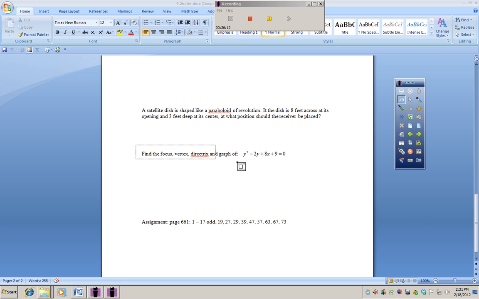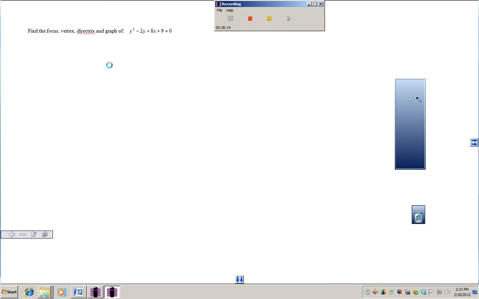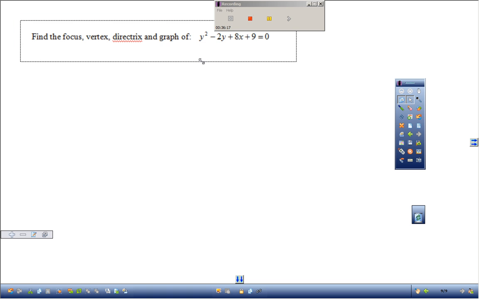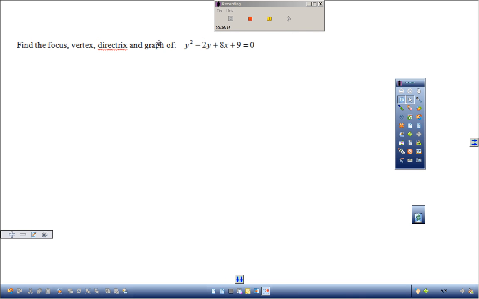Alright, so I'm going to grab this, I'm going to come up here, and I am going to complete the square. This time let's bring everything first over to the right side, okay, except for the y. So I'm going to go y squared minus 2y equals negative 8x plus 9, okay, and then I'm going to complete the square of this, and you ask yourself, what is 1/2 of negative 2? 1/2 of negative 2 is 1.